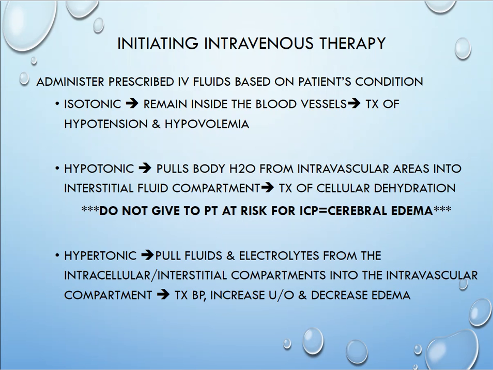The isotonic solutions most commonly used would be 0.9% sodium chloride, or LR, which is lactated Ringer's. Basically they have the same solute mix as our blood, so fluid doesn't move in or out of the cells. It stays just in the plasma, where the cells are floating around.